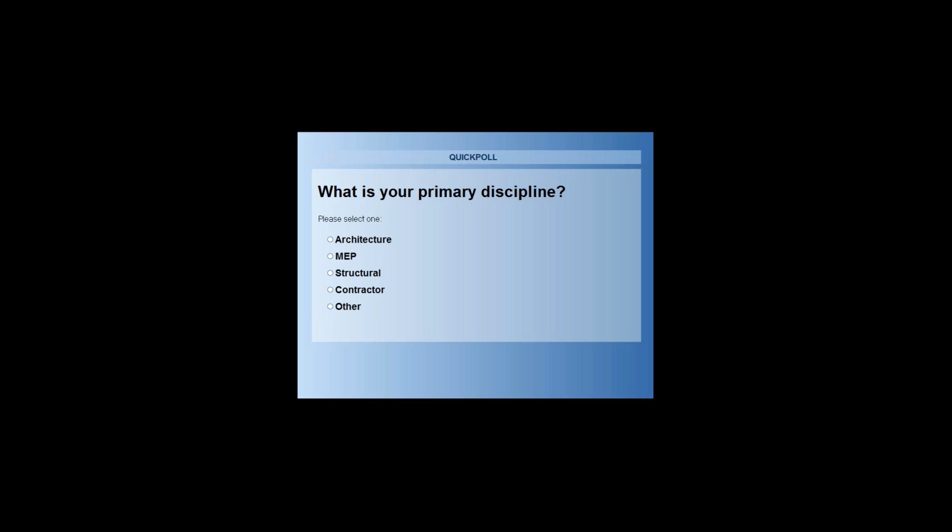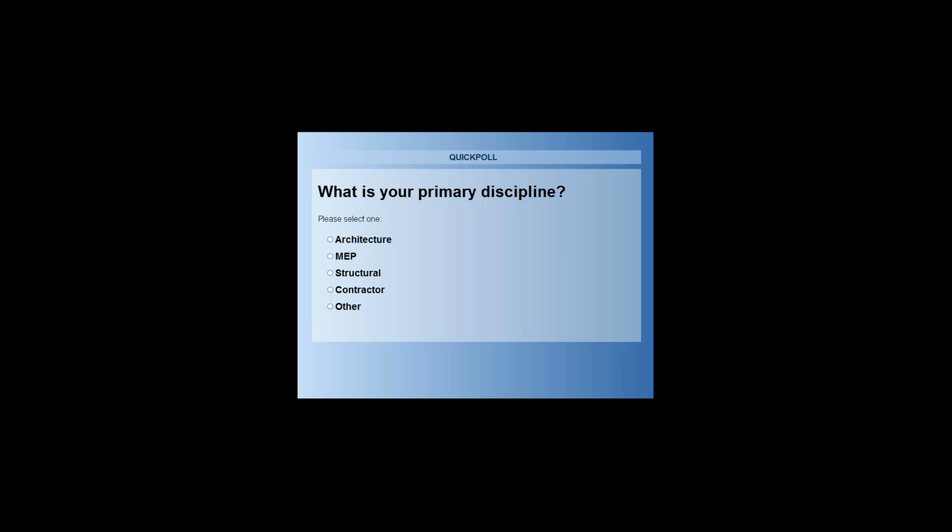Next question. What is your primary discipline? Architecture, MEP, structural, contractor, or other, say facilities management or building owner, whatever it might be. Architecture's getting in the lead. We'll close this one down in just a couple seconds. 3, 2.